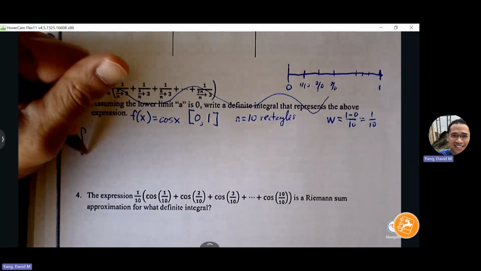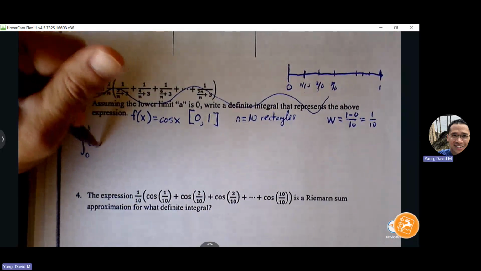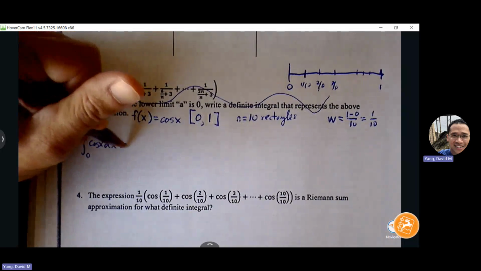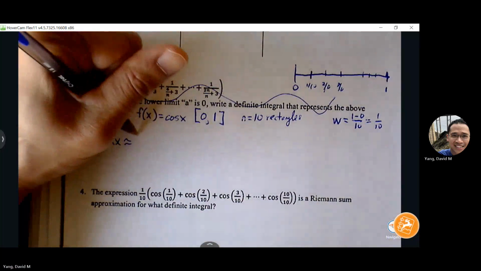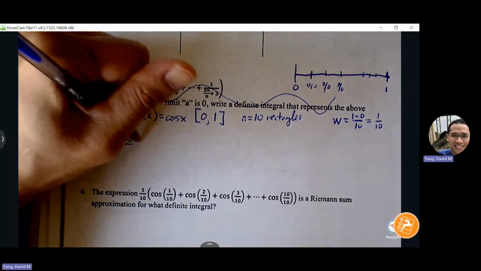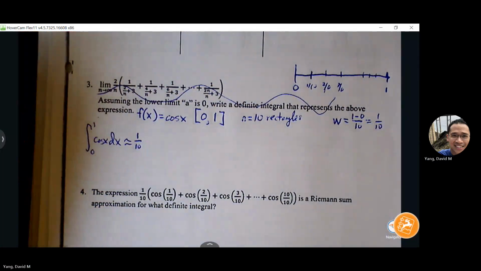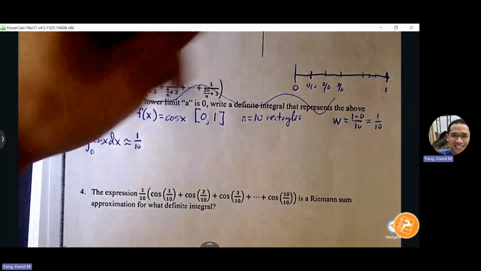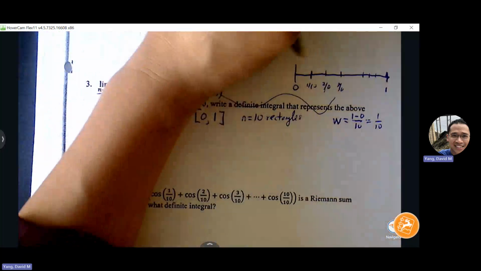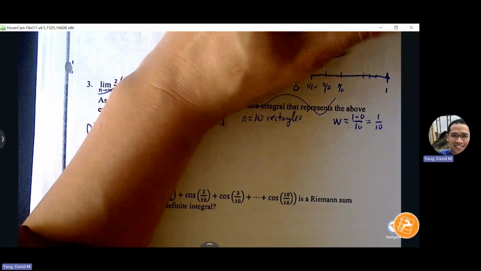Now, I can say the integral from 0 to 1 of cosine of x can be approximated using 10 rectangles. What's the width of my first rectangle? 1/10. And what would my height be? Let's say I'm using right rectangle approximation.